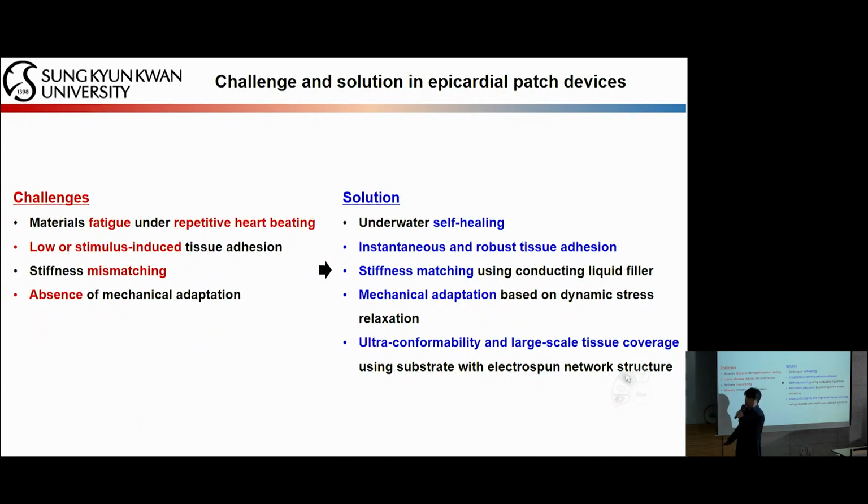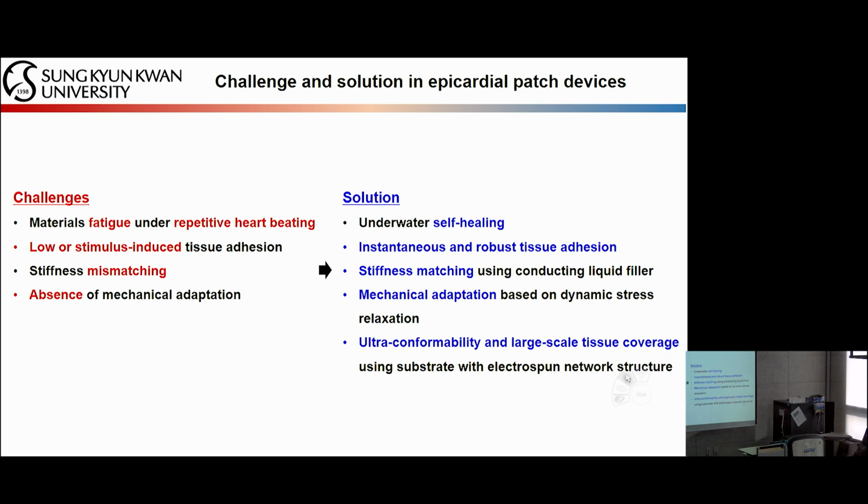However, there still remain challenges like material fatigue from repeated heart beating, low tissue adhesion, stiffness mismatching, and the absence of mechanical adaptation. So we should resolve these issues to achieve long-term stable cardiac interfacing.